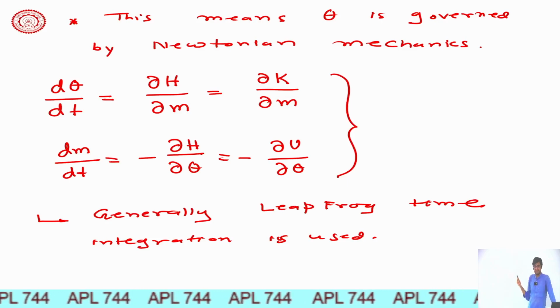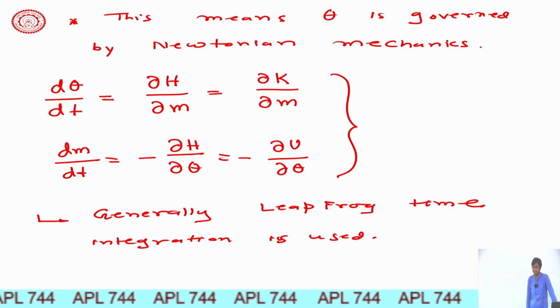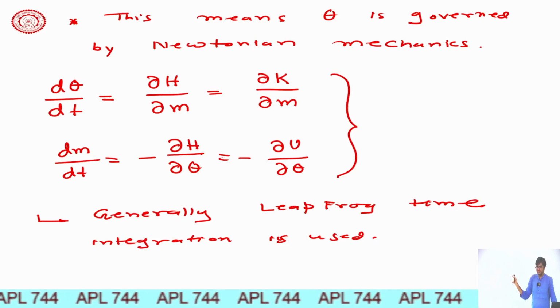Symplectic time integration schemes are the schemes that conserve the energy, and there are many; leapfrog is one of them. Because they conserve the energy, they give good results when you are integrating over a long period of time. Generally symplectic integrators are used in molecular dynamics. That is one place.